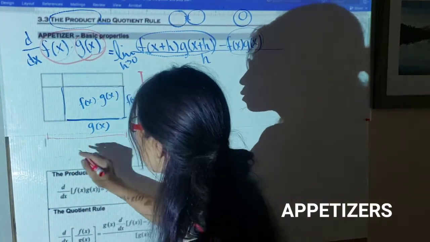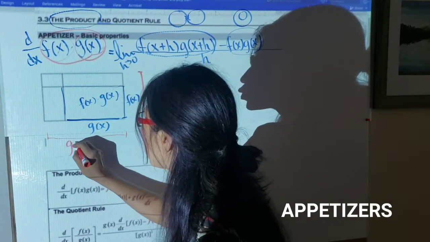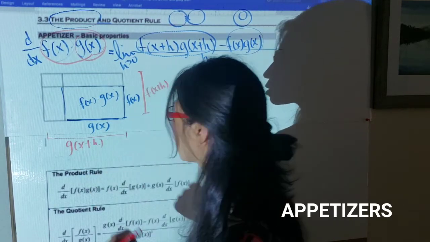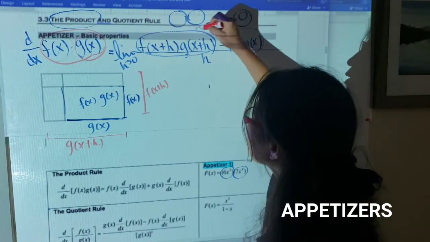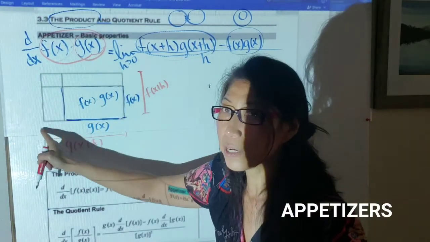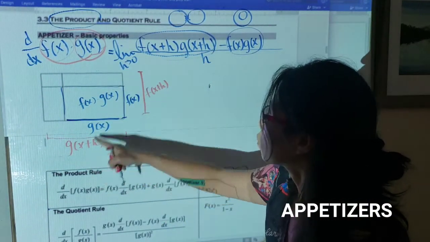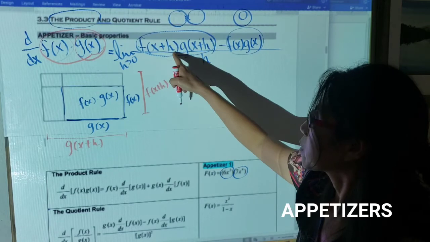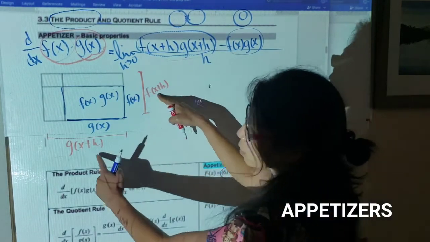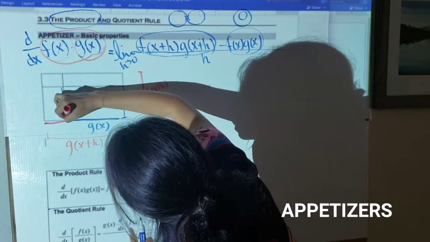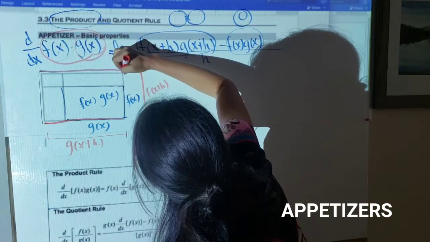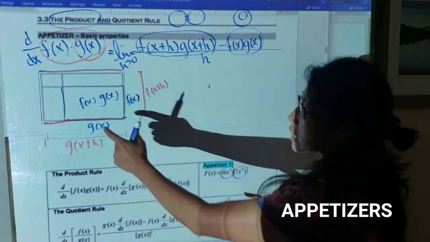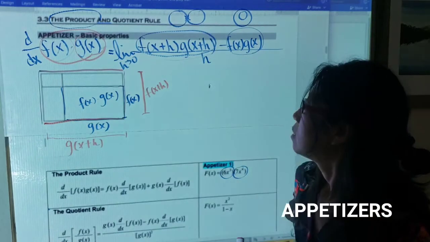So now the length of the whole thing, my extension, will be g of x plus h. This means now a bigger area. If I multiply this, I get f of x plus h times g of x plus h. That represents the area after extension, minus the inside, over h.